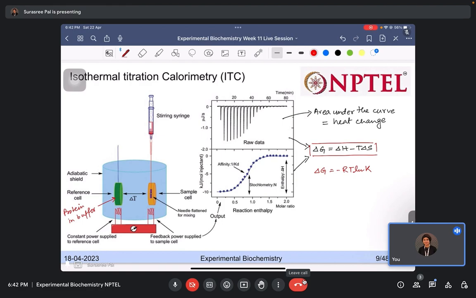And in the sample cell, we have our protein where the ligand is titrated.